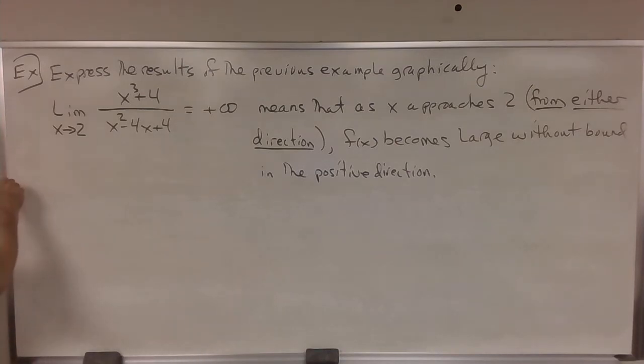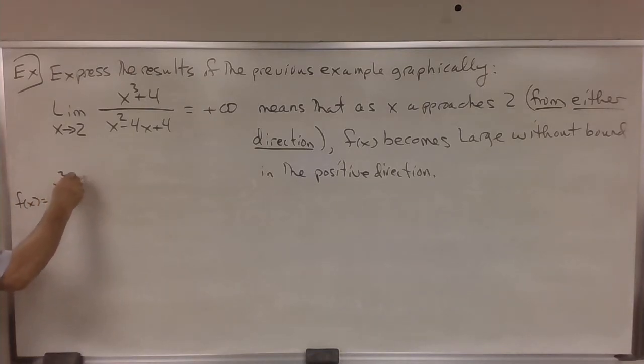Now, let's draw a picture of that. f of x equals x cubed plus 4 over x squared minus 4x plus 4.